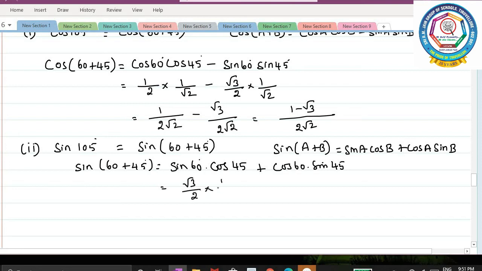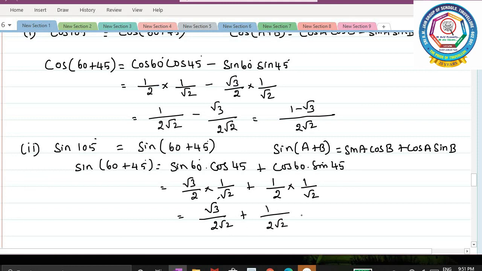Cos 45 is 1 by root 2, plus cos 60 is 1 by 2, then sin 45 is 1 by root 2. Now you have to multiply the numerator with numerator, denominator with denominator. 1 into root 3 by 2 root 2 plus 1 into 1 by 2 root 2.